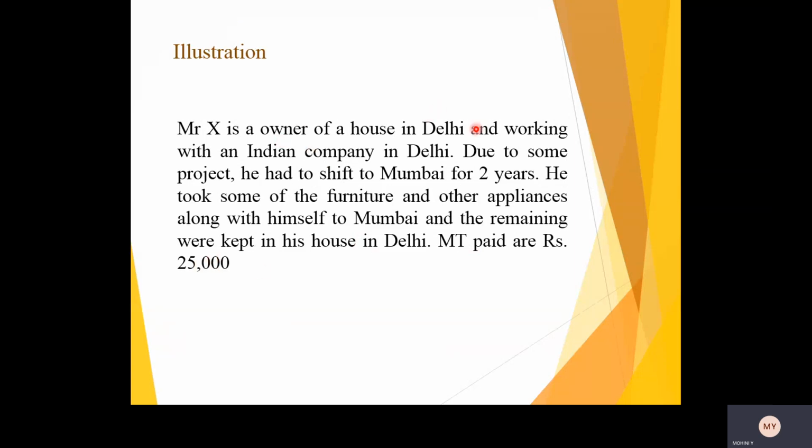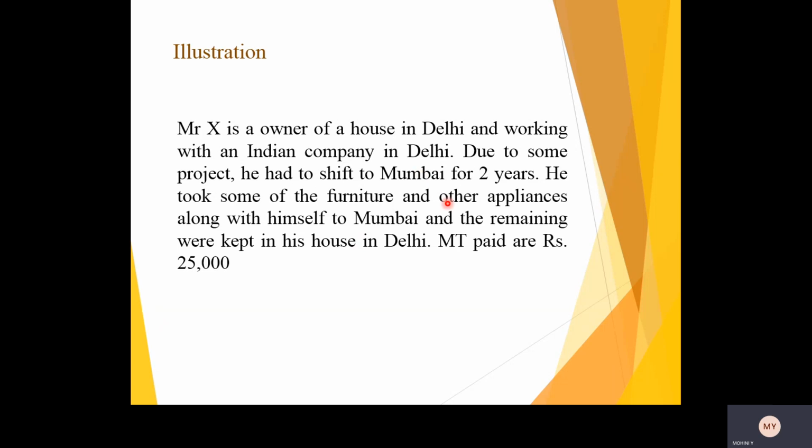So in this case, Mr. X is the owner of a property in Delhi, and now he has shifted to Mumbai for 2 years, and he has taken some furniture and appliances to Mumbai from Delhi. The Delhi house is not given on rent to anyone, and in Mumbai, whether he is staying with relatives or on rent doesn't matter.